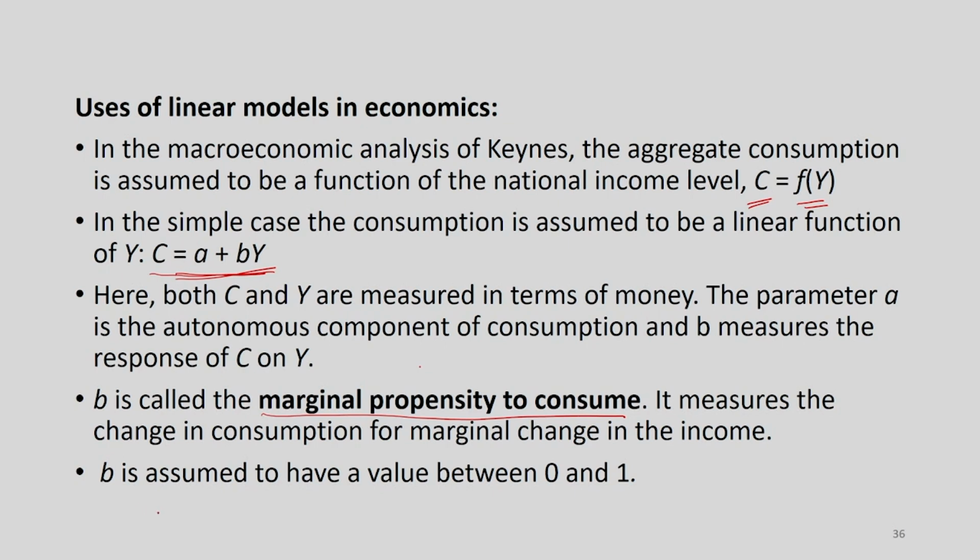B is assumed to have a value between 0 and 1. Again I am not going to explain why it should have a value between 0 and 1, but if it does, it means the effect on consumption of a change of Y is greater than 0, but it is not very much, it is less than 1.